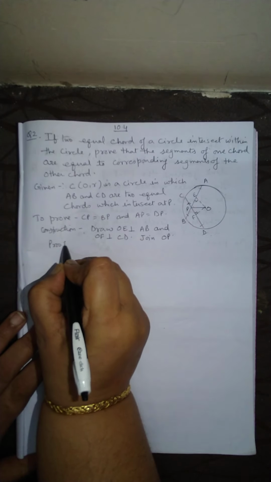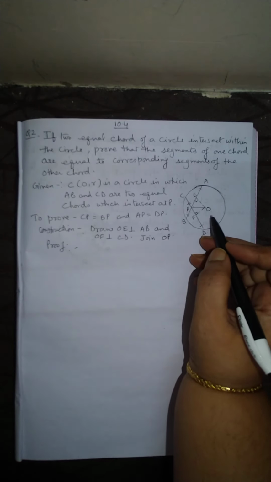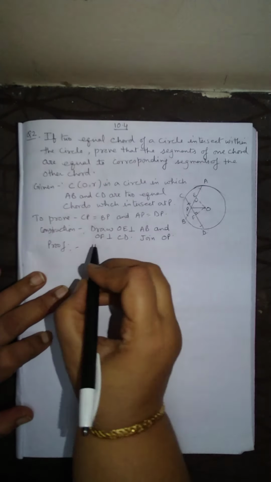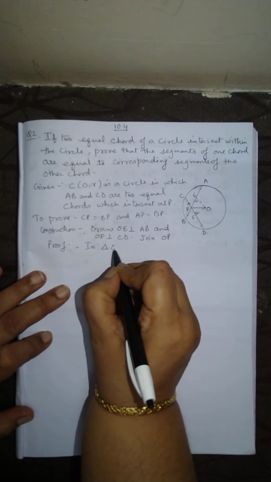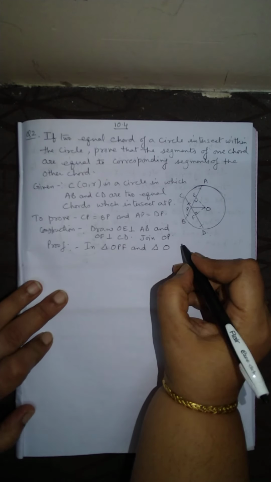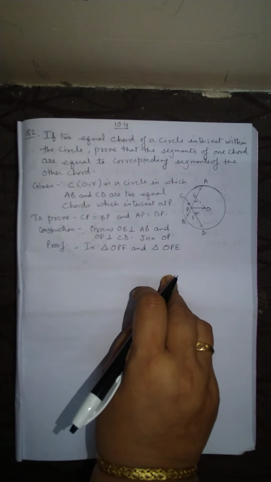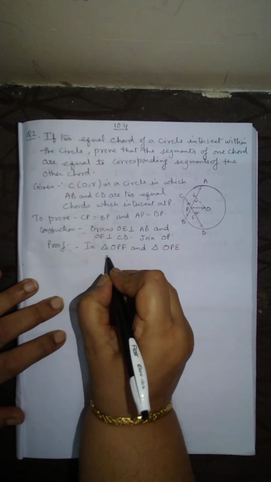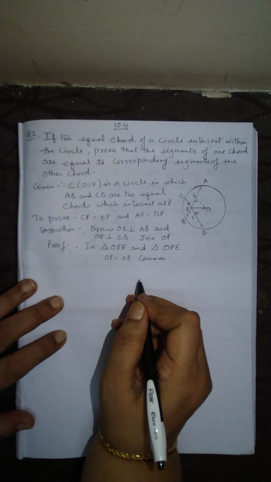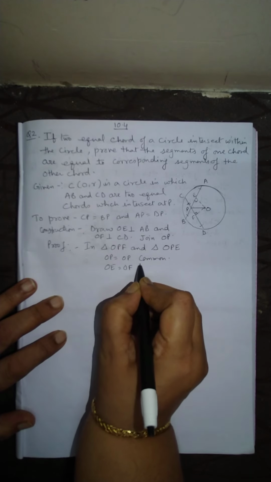Now see the proof. In triangle OPF and triangle OPE, OP equals OP, that is common. OE equals OF. Why?